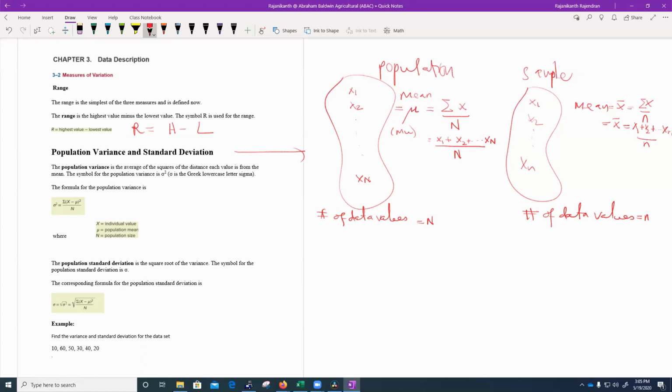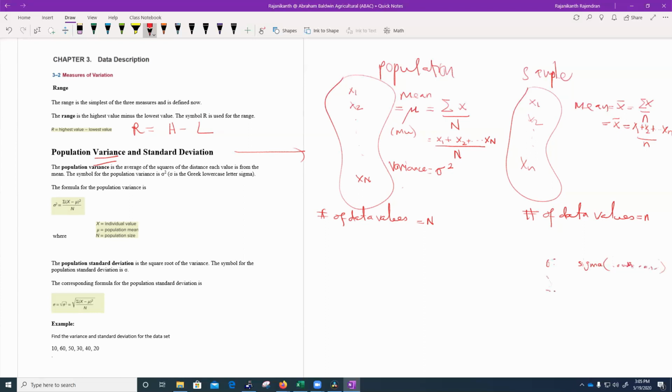But the population variance is another kind of measure. The variance for the population, notation-wise, we use this symbol called sigma, but this is the lowercase Greek letter sigma.